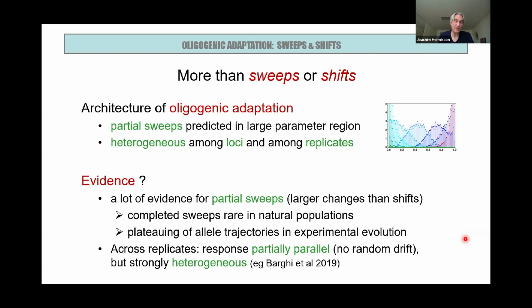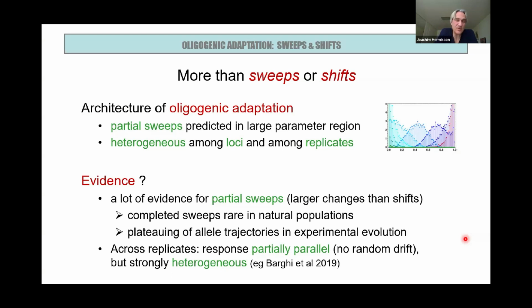And across replicates, we've seen this also from Nela's talk, right? We frequently do have responses that are partially parallel. So it's not like random drift, right? So selection is definitely the main driver of it, but it's also strongly heterogeneous among these replicates.